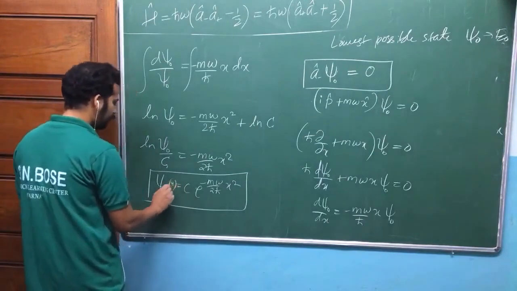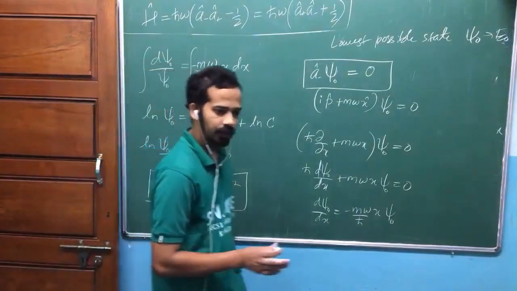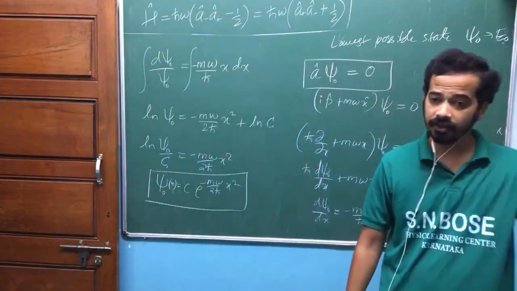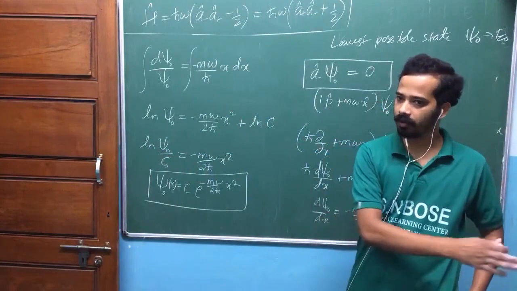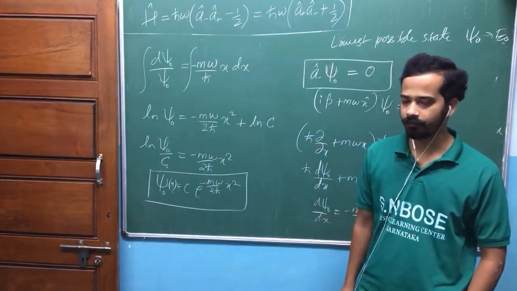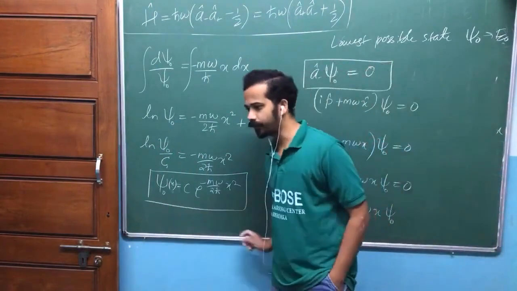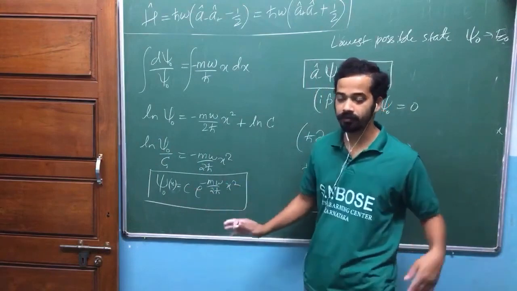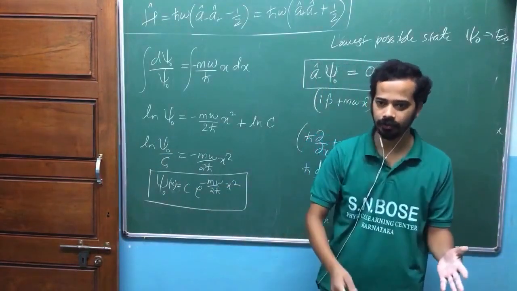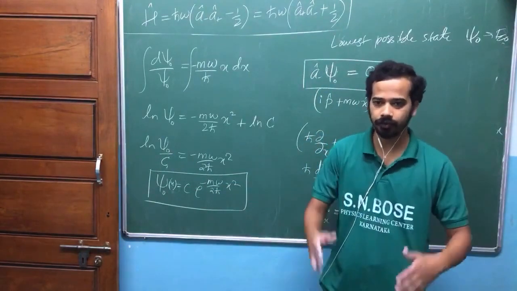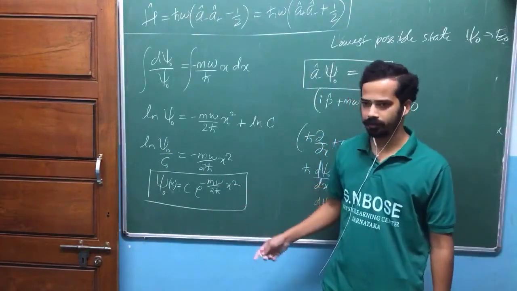Now, what is the range of this wave function? That is minus infinity to plus infinity. See the range of potential, half kx square. What is the range? Minus infinity to plus infinity. In particle in a box, it was sine or cos only between 0 to a, or minus a by 2 to plus a by 2. It was 0 outside. This is not like that. You have seen this function.